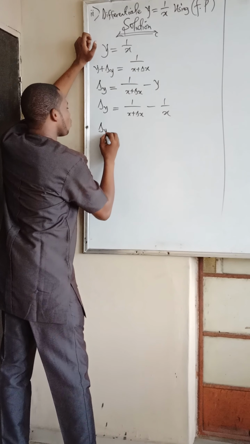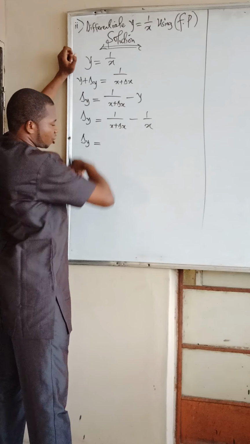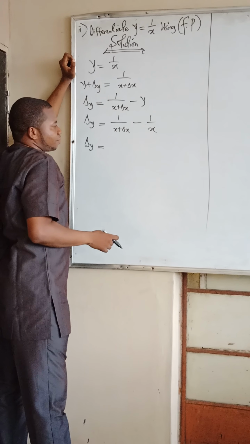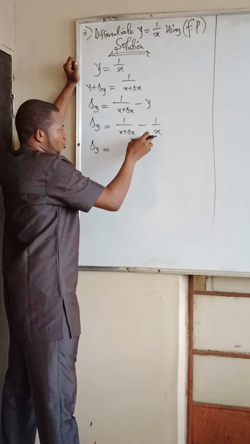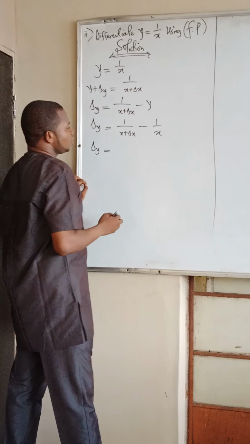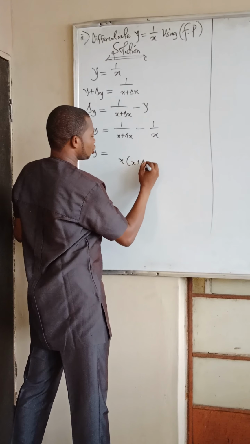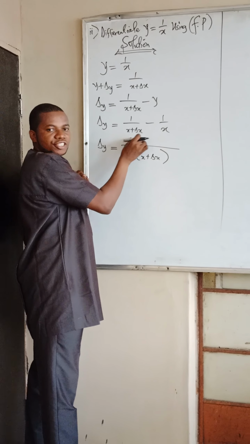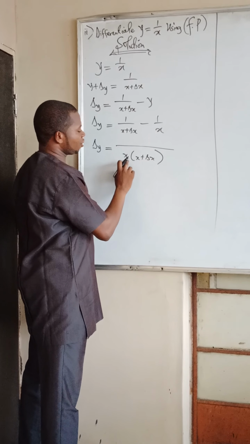Now, change in y is equal to, I'm going to take the LCM of this fraction. So the LCM of the denominators is actually the product of x and x plus change in x, sorry. So I have x into x plus change in x. That is my LCM. So this first denominator goes into this, this one will cancel out this, leaving you with x.